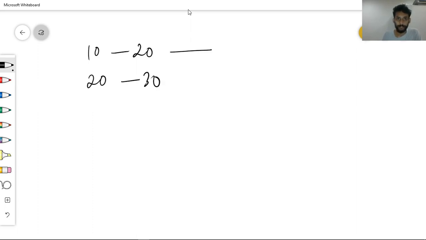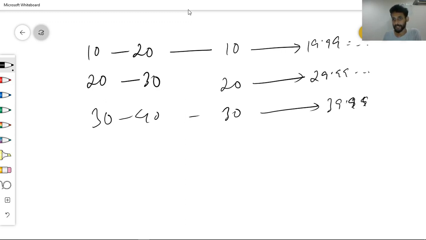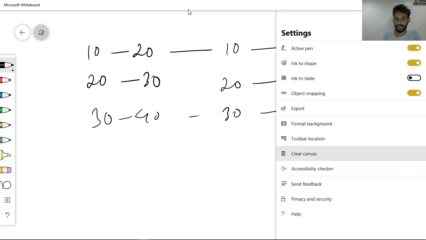So here it will be coming from 10 to 19.99. Okay, from here it will be 20 to 29.9999 dot something. But not just 20. Then here 30 to 40, so it will be coming from 30 to 39.99999. Okay, this is how we divide in class.